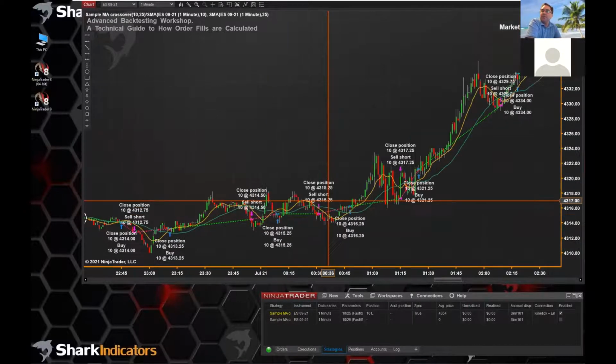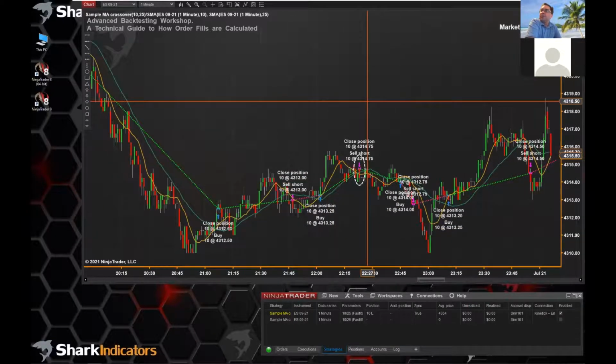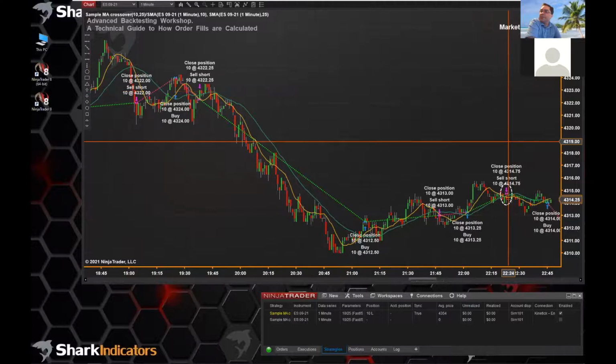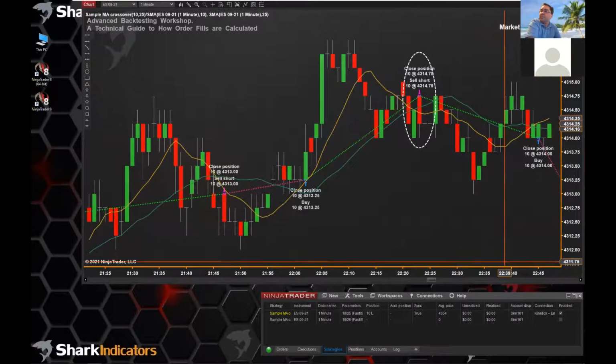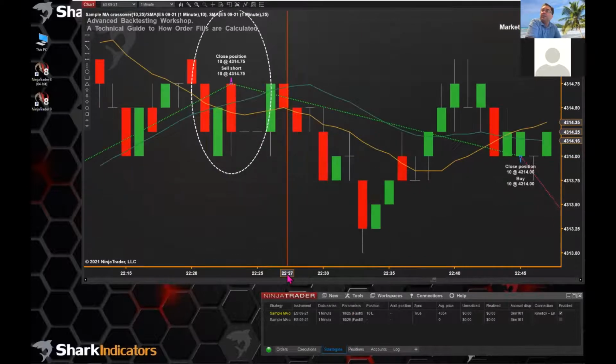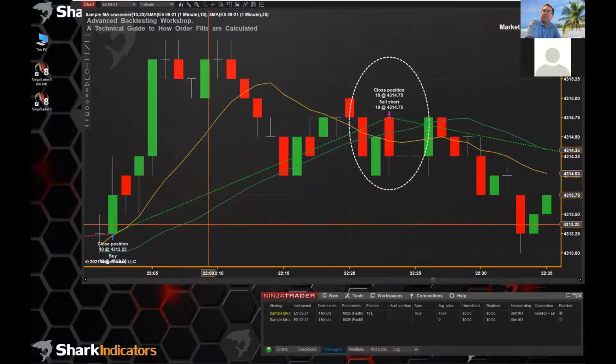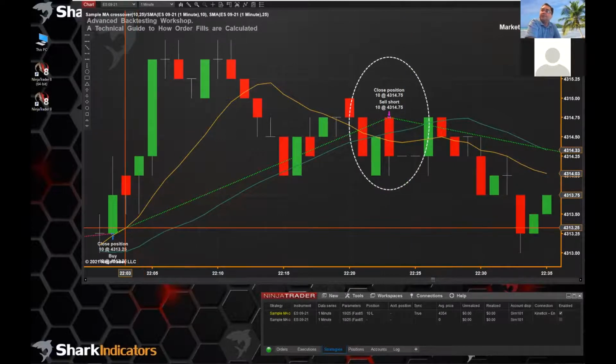So the point of this is to illustrate the pitfalls of backtesting market orders here. So let's see here. If I scroll back, yeah. So right here, I've circled one in particular that we're going to focus on here. And it really illustrates a good point here, right? So you can see the system took a long trade, right?